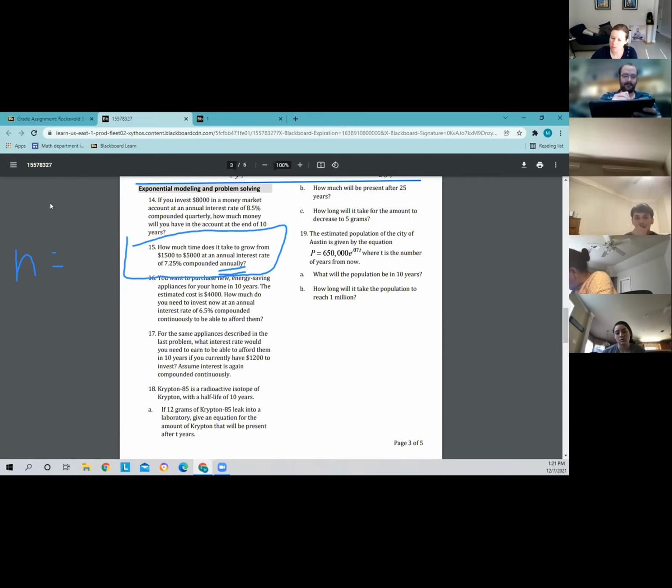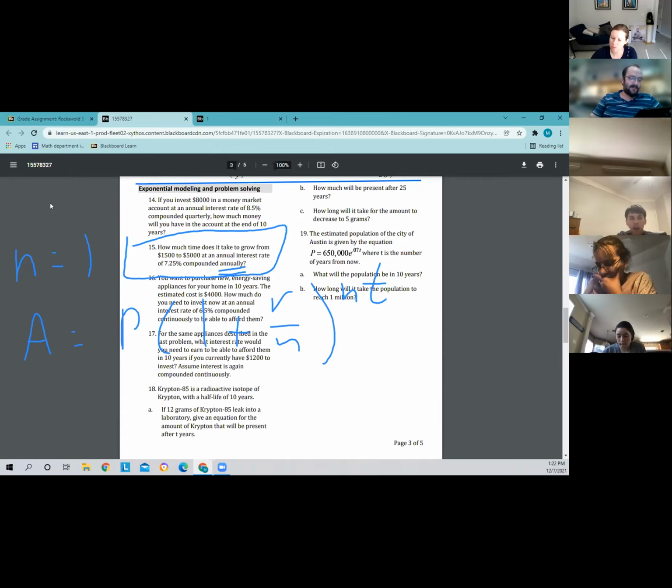If you're doing it annually, how many times is that per year? Once. It's a silly question, but yes, it's once per year. P times 1 plus R over N to the NT is what I want to do. That's my formula.